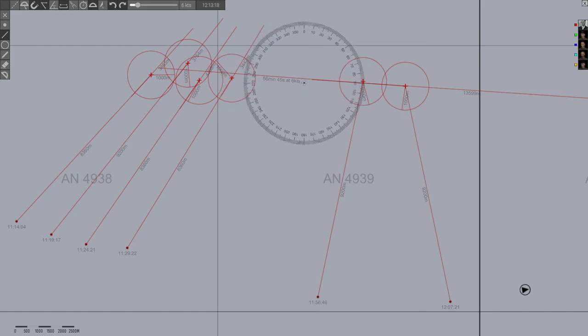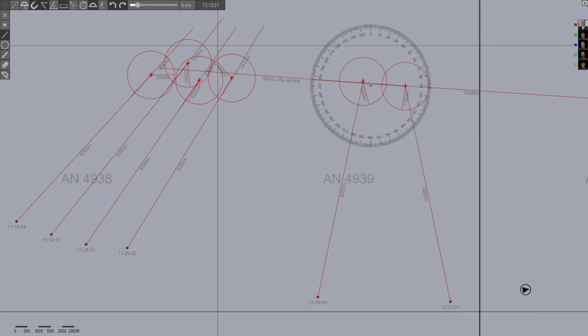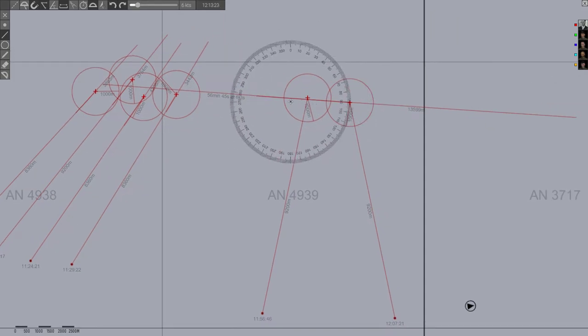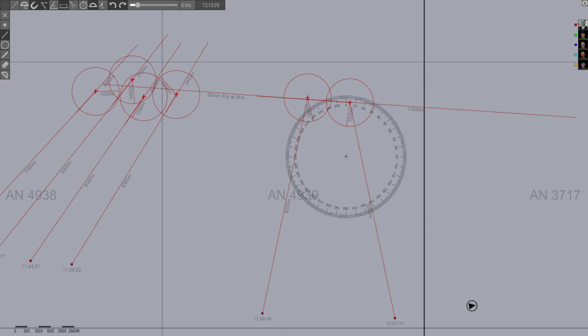I think going forward, and this would be a recommendation to you, is to really just deep six this method altogether and use a time speed distance calculation.